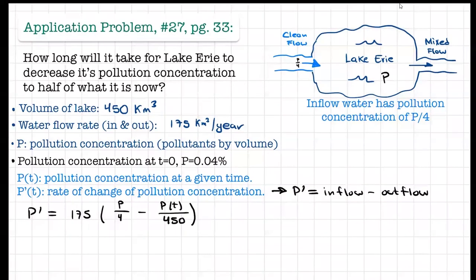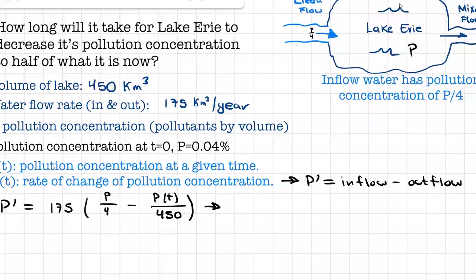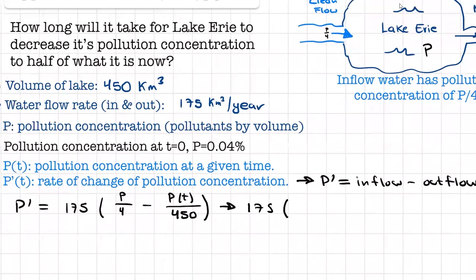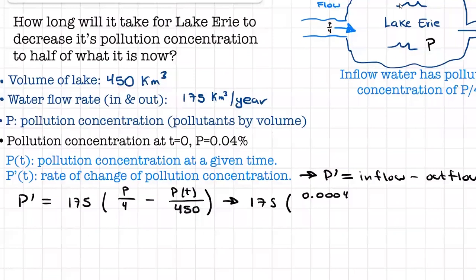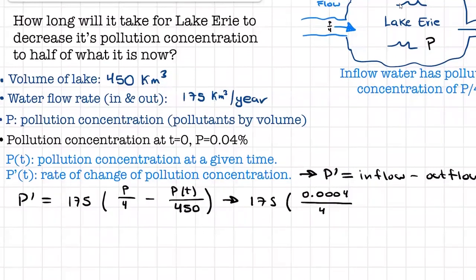So if we rearrange, this will be 175 times P, which at the beginning we know is 0.04%. So in decimal, this is 0.004 over 4 minus the amount of pollution at any time over the 450.